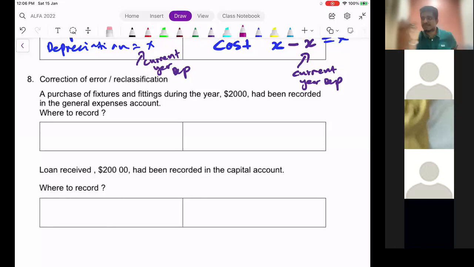What to plus, what to minus? Can you tell me? Hey, this one very easy. Even a non-accounting student can answer this. Where to plus, what to minus? Hello, anybody home?